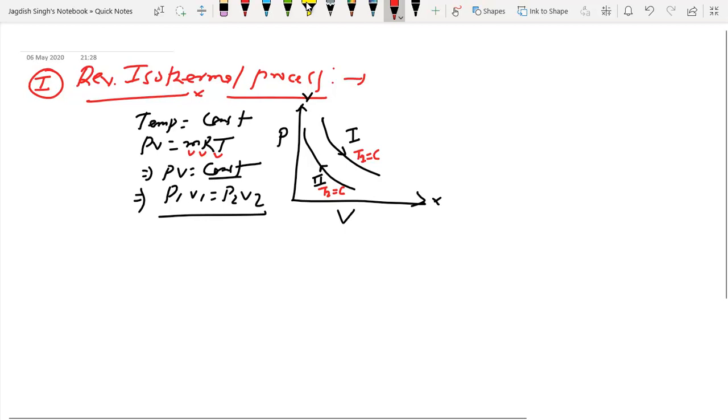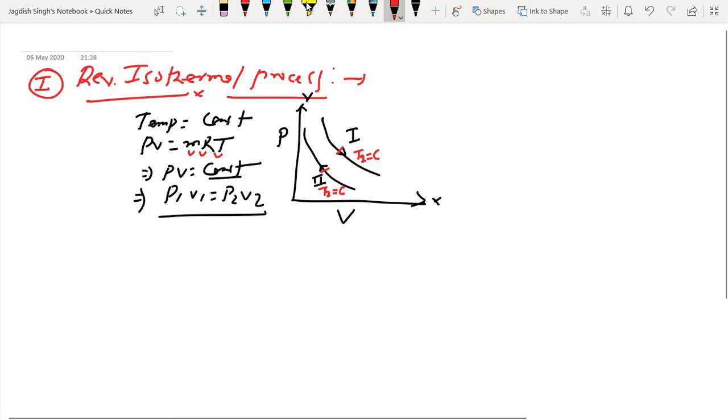Now we have to find in which process the gas is expanded and in which process the gas is compressed. This is a very important and basic question. In a problem, if it is given that the gas is expanded reversible isothermally, that means we have to plot the situation on PV and TS plots.